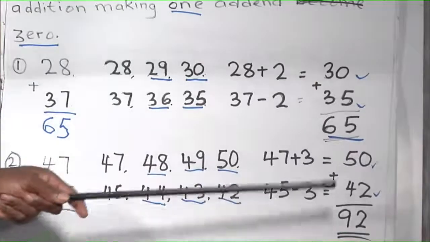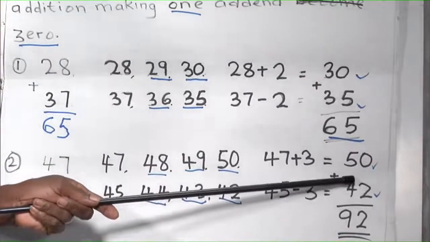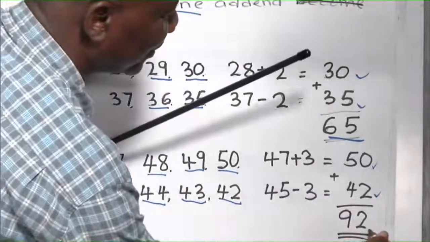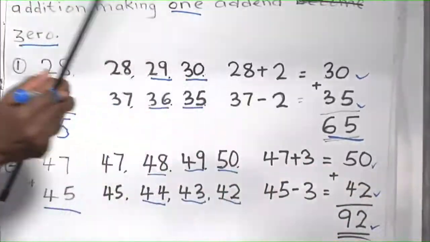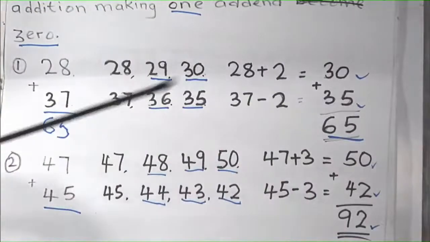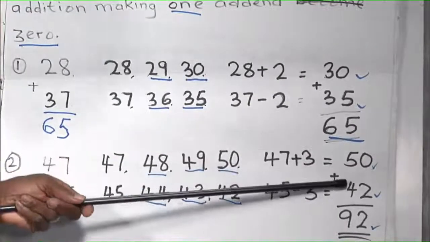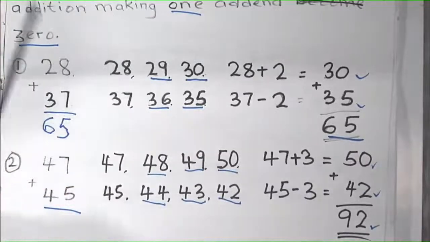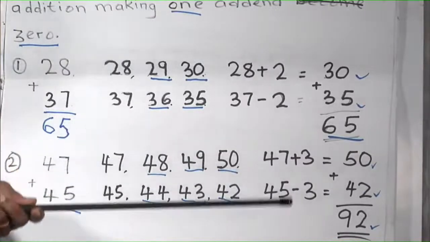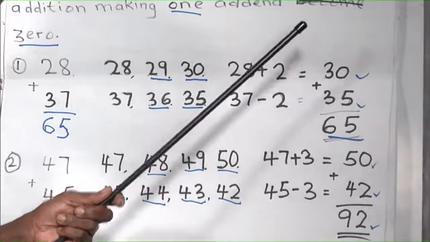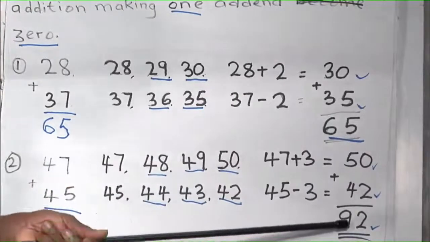50 plus 42. 0 plus 2, that will give us 2, correct? So we put the 2 here. 5 plus 4, that will give us, oh, not 8. 9. Good.